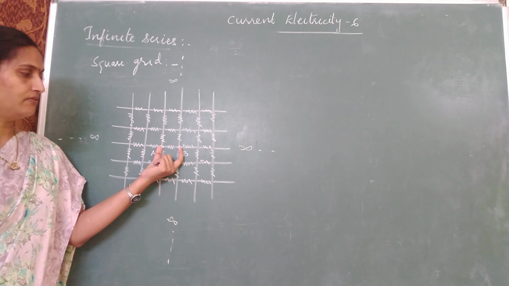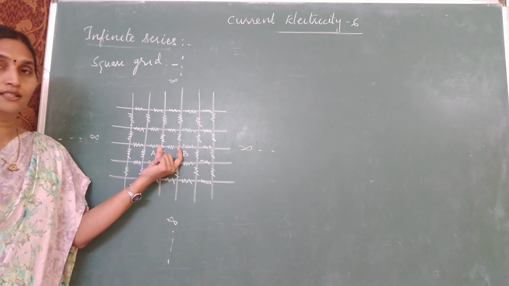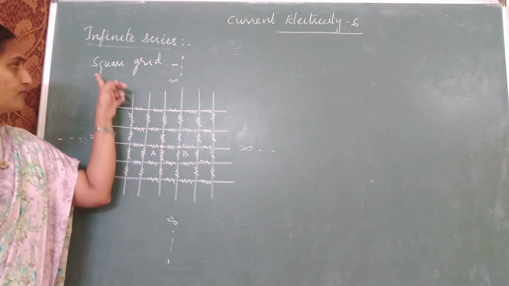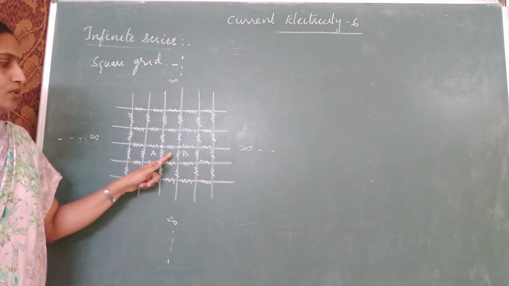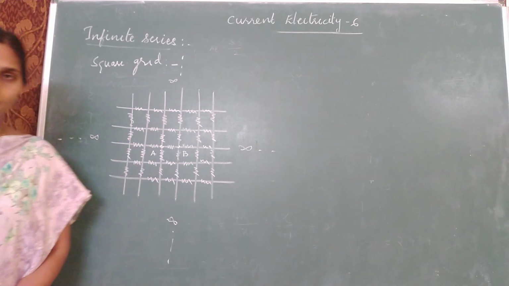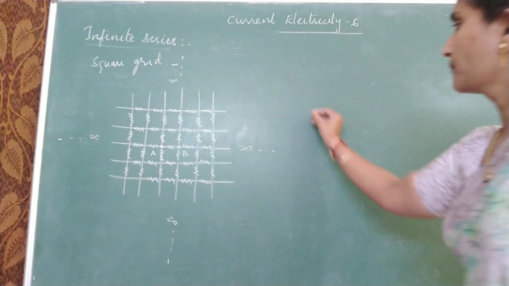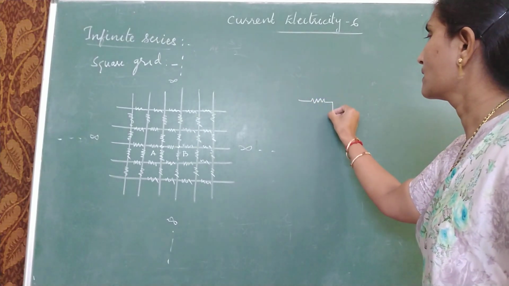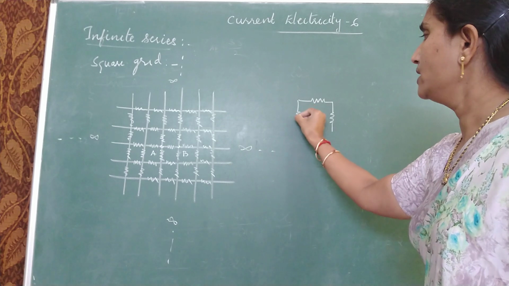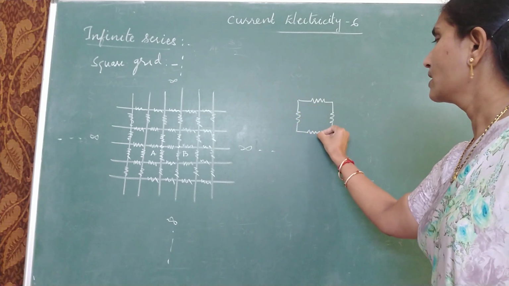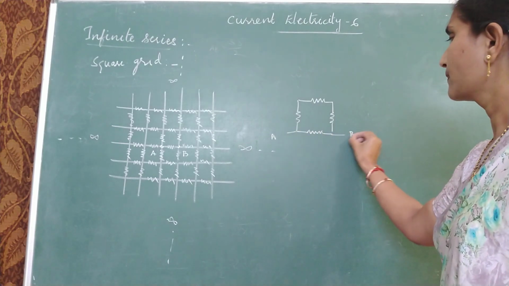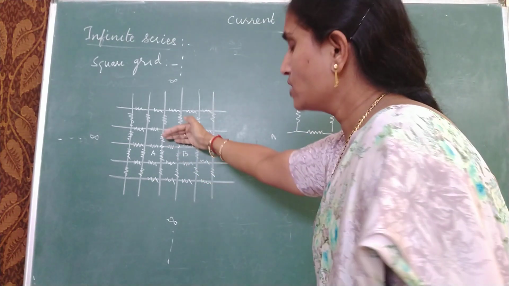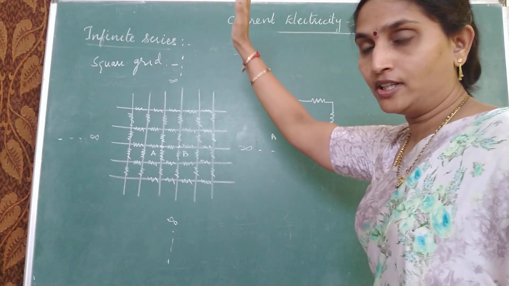Since you want to find equivalent resistance across A and B, that is one edge of what grid? Square grid. Now I will take one repeating unit, that means one square into my consideration. Only one of the unit, we need equivalent resistance between A and B. Now see, if you go upward, it is tending to infinity.